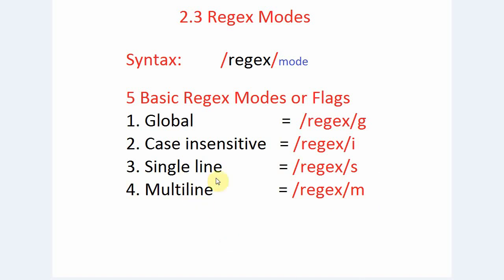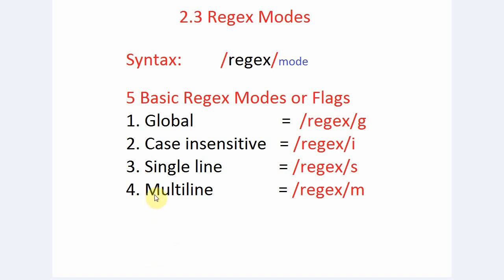Now, single line mode just treats the whole string as a single line. Even if it is composed of multiple lines, it will consider the whole test string as one single line.